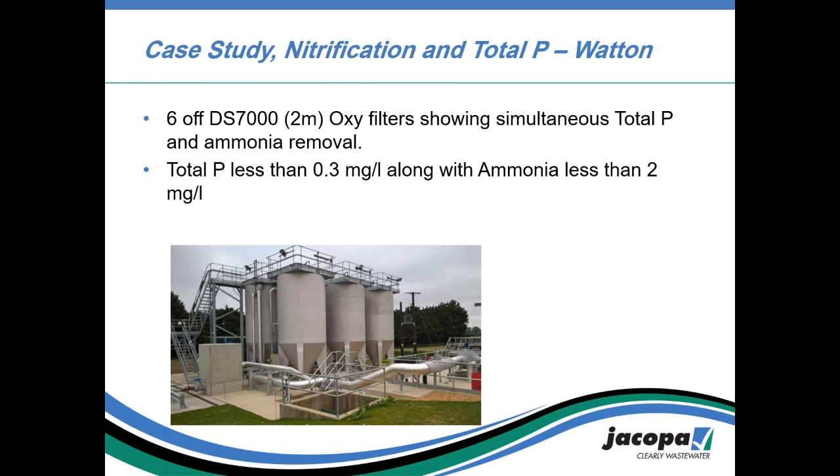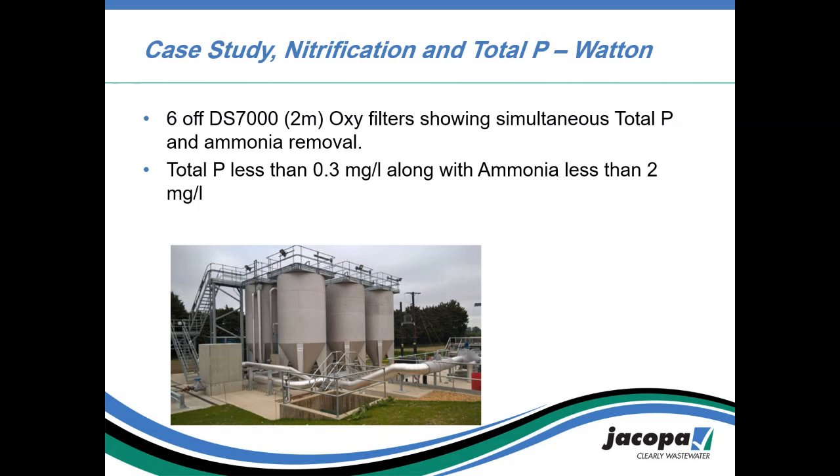It was a bit misreported in the CIP2 documents as Dynasand, where it isn't. It's Dynasand oxy, and that's obviously a different process, trying to achieve both of these in one stage. On the trial, it achieves a total P annual average of 0.29 milligrams per litre. It probably could have done a little lower than that if there wasn't some issues with the upfront dosing, probably about 0.25 to 0.2 milligrams per litre.